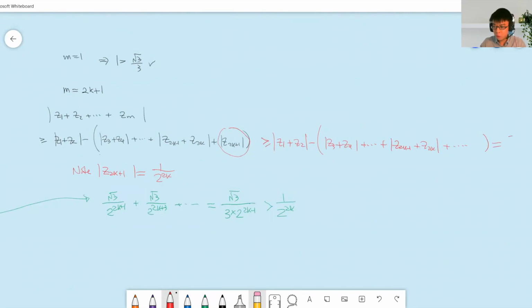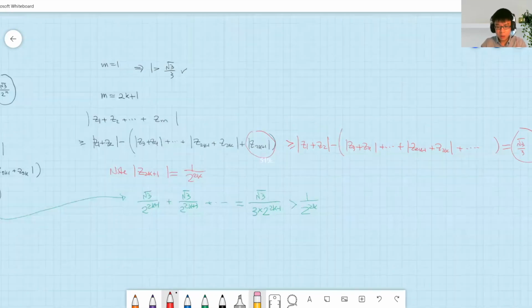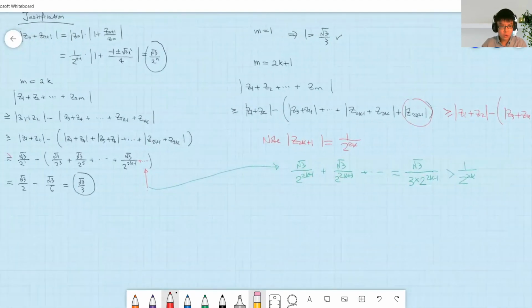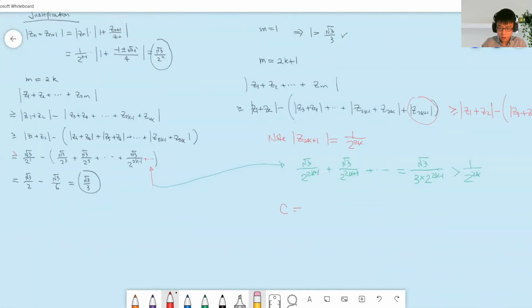So this equals root 3 over 3. So this is a justification that our modulus is always larger or equal to root 3 over 3. So C is indeed root 3 over 3. And of course, C squared becomes 1/3. So the answer here is 1/3.